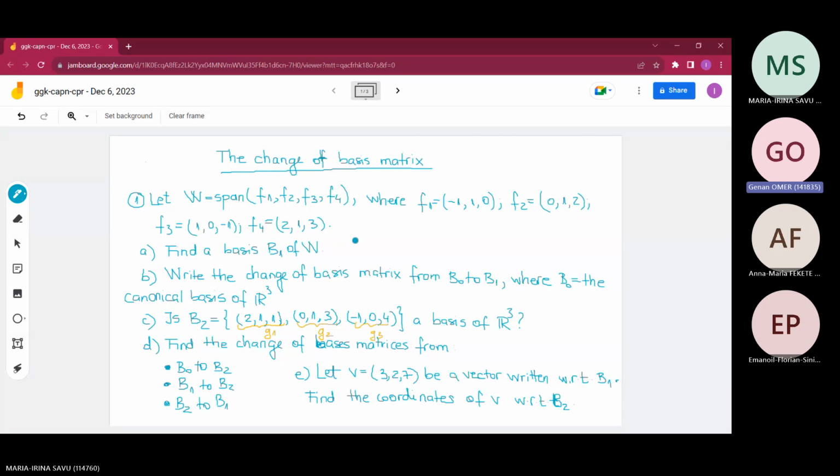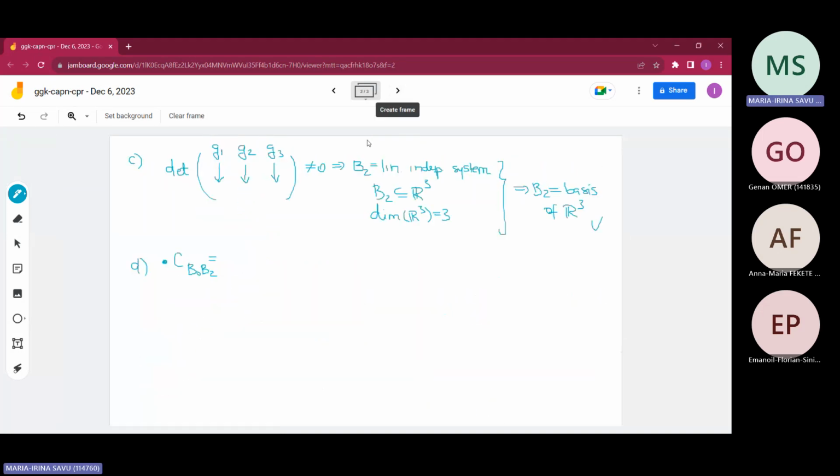Yes, the matrix has G1, G2, G3 written on the columns. Same idea which you have seen at point B. Because B0 is the canonical basis, this matrix is actually the matrix with G1, G2, and G3 here.